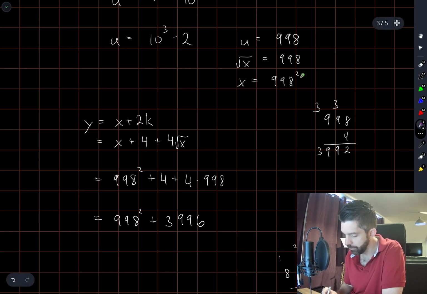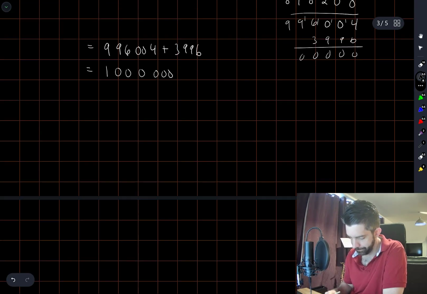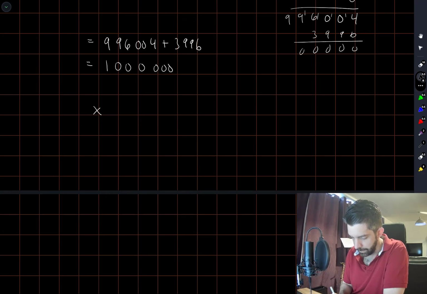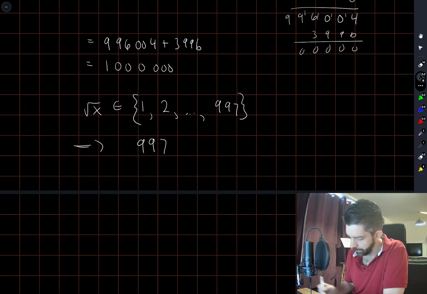There are 997 perfect squares that have x ending up less than that. Okay. So we need root x to be in 1, 2, all the way up to 997. So the answer, I believe, is 997.